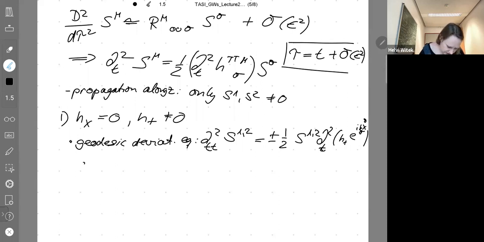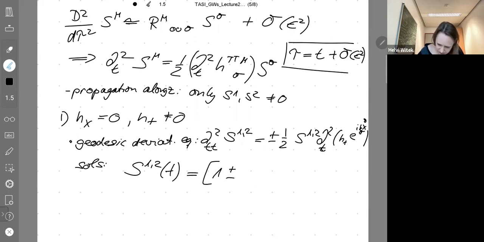So the solution to this is the following, and again let me write it in a compact form: s1 or s2 as a function of time is given by 1 plus or minus, for the second solution, 1/2 h plus e to the i k sigma x sigma, and then it depends on the initial value of our deviation at t equals 0.